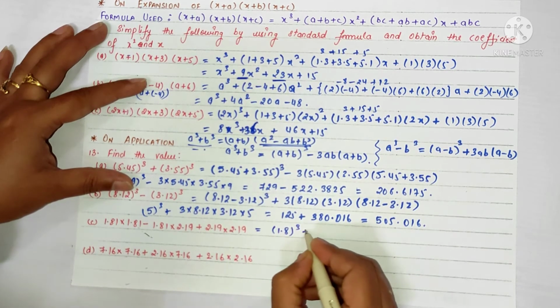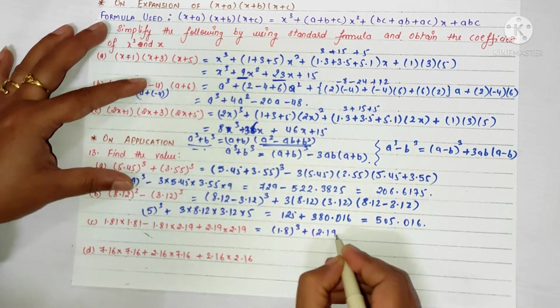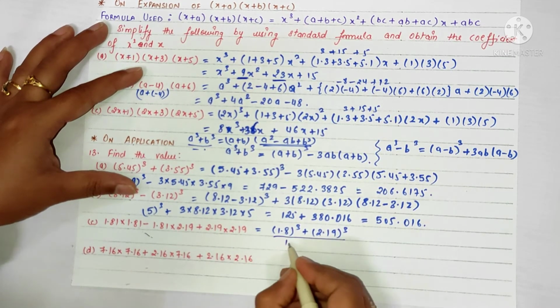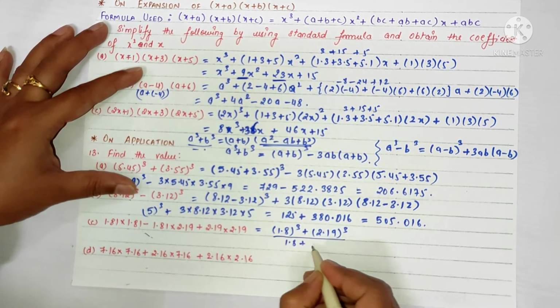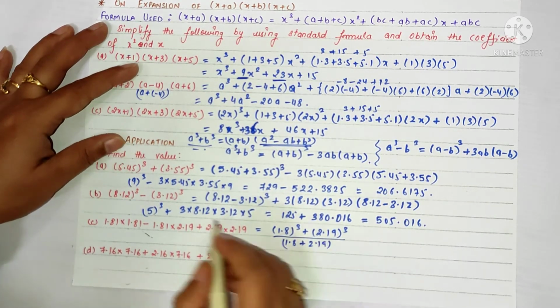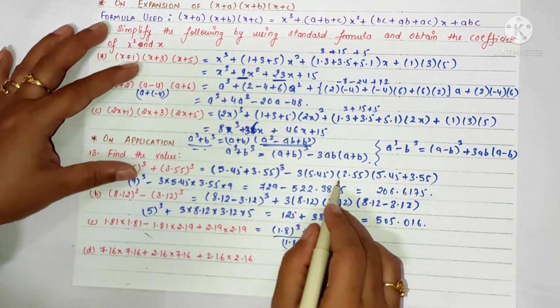1.81 whole cube plus 2.19 whole cube whole upon 1.81 plus 2.19. As we have seen previously, for this we are going to split in this form.